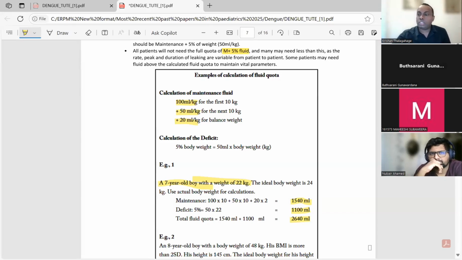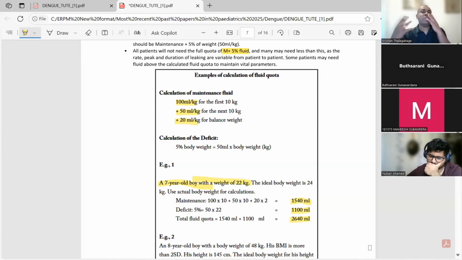If you divide this by 48, 2640 divided by 48, that will be 55 milliliters per hour. So you give 55 milliliters per hour. Was that understood? This is how much you should give.